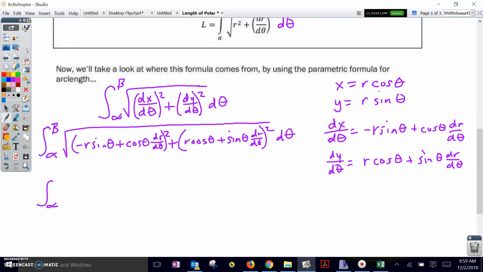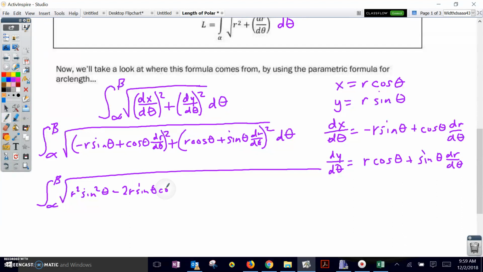So this turns into the integral from alpha to beta of the square root of r squared sine squared of theta, minus 2r sine of theta cosine of theta dr/d theta, plus cosine squared of theta (dr/d theta) squared.